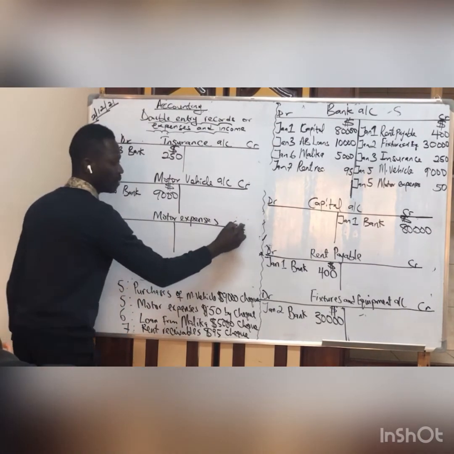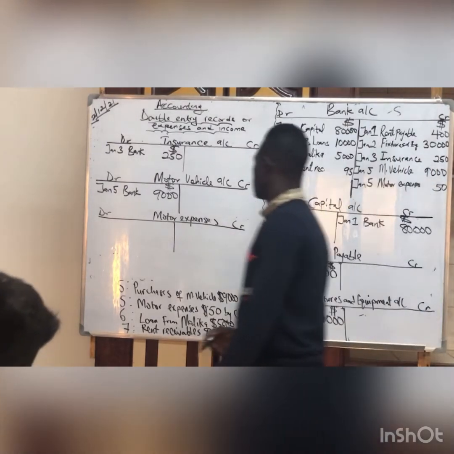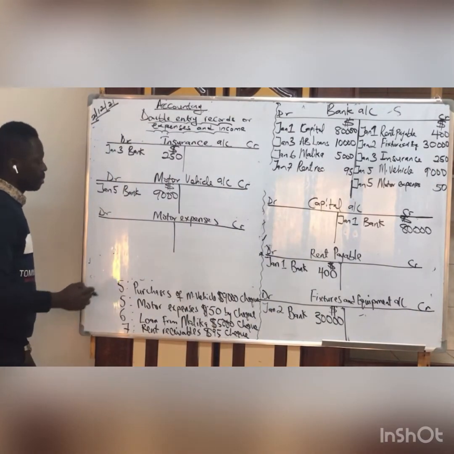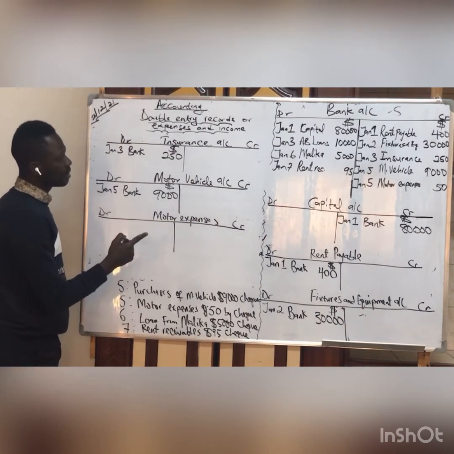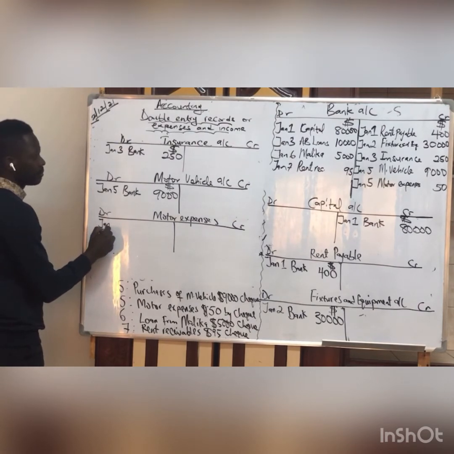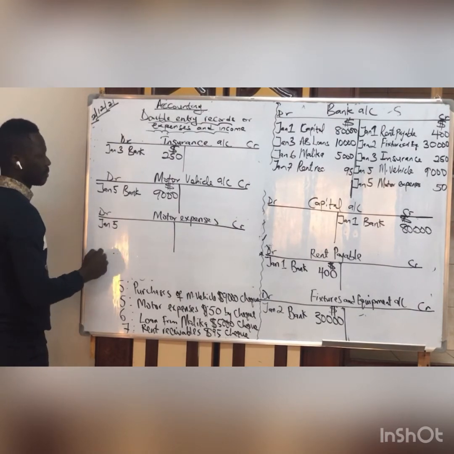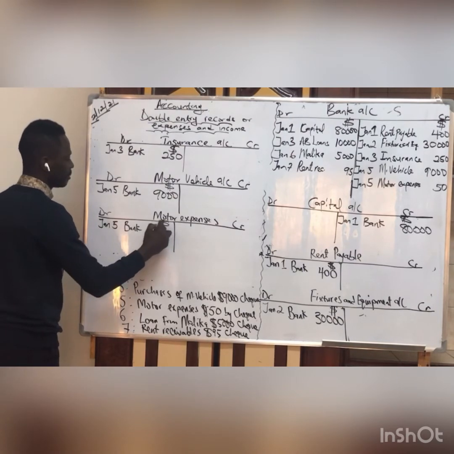How much is it? 50. So January what? 5. Motor expenses. Bank. $50.